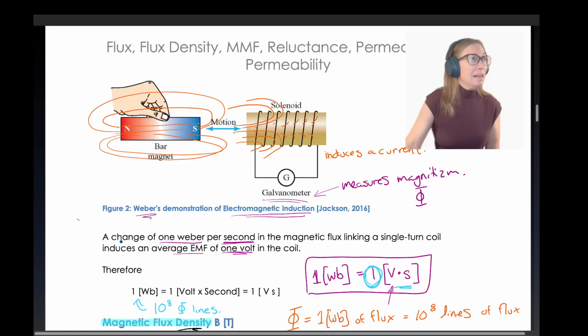So Weber went and made this happen. He took a bar magnet and he put that bar magnet into and out of these coils, into and out of these coils. There's lots of YouTube videos of people doing this. And so he put these into and outside of these coils.